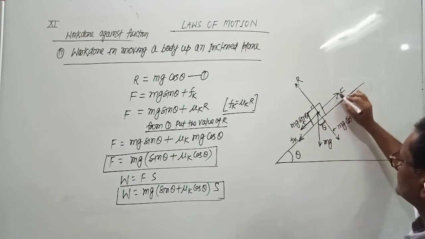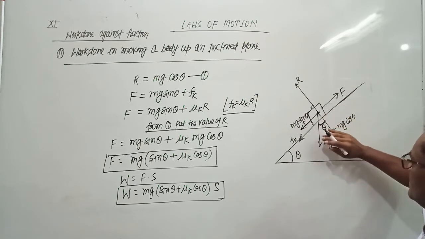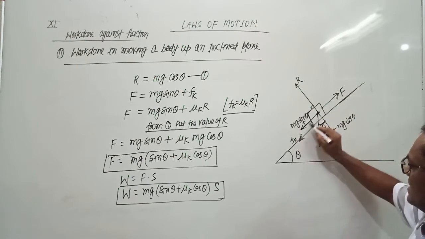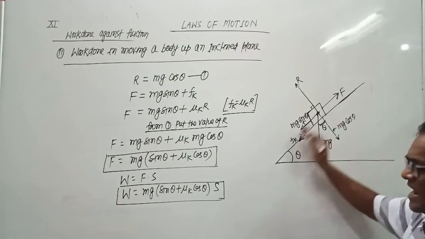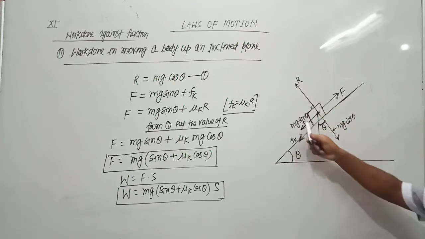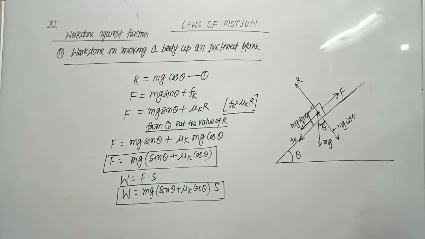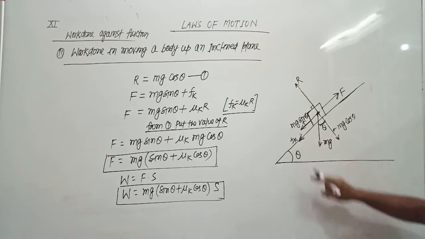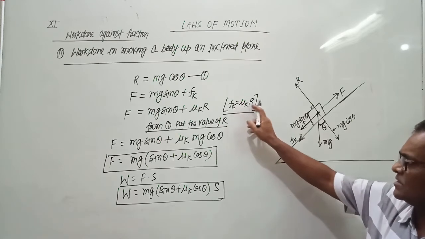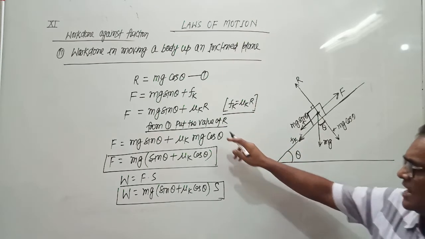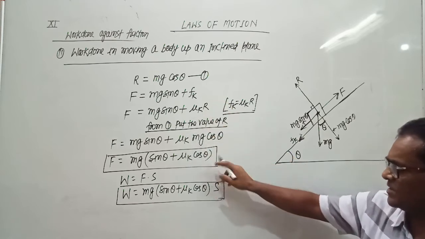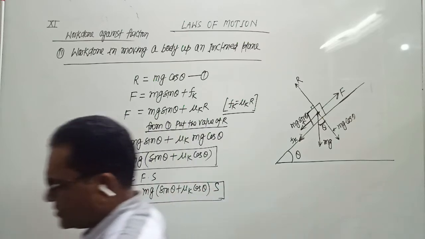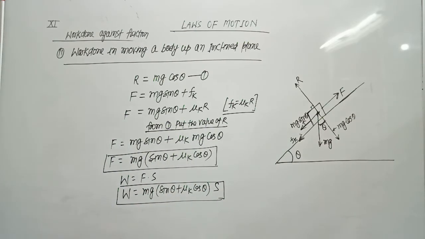Now in the horizontal direction, along the direction of motion on the plane, F equals these two forces, mg sin theta and the frictional force acting in the backward direction, and these two have the same direction, so they will be added. F equals mg sin theta plus Fk, and we know Fk equals mu k into R. The value of R we put from the first equation, and then work done equals force into displacement. We put the value of F.